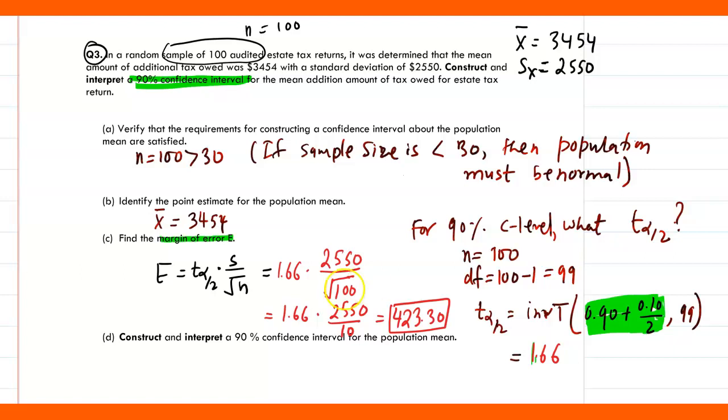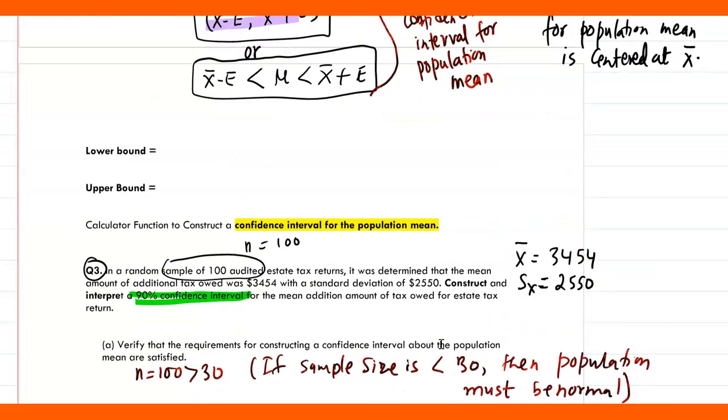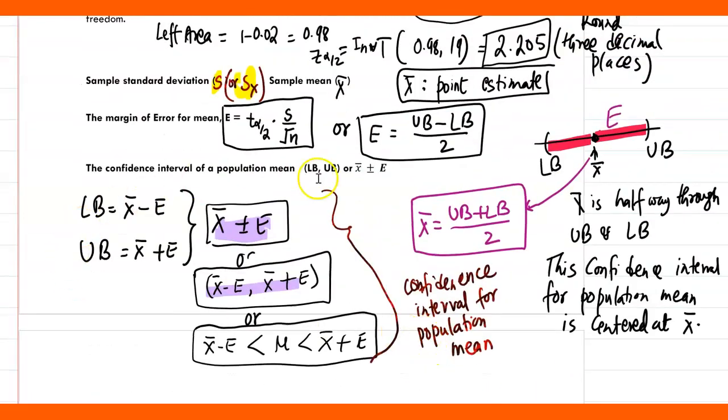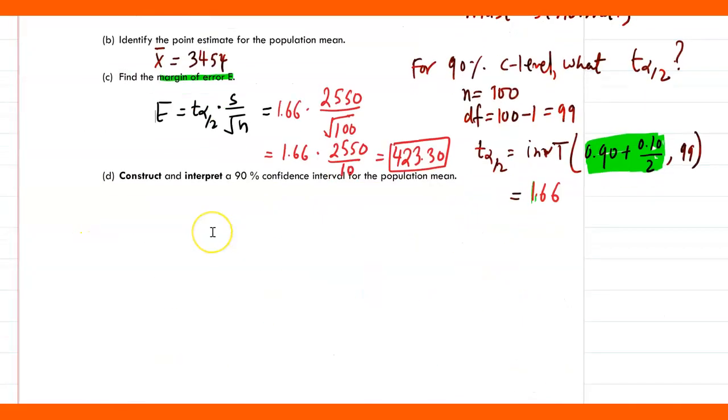All right, now construct and interpret a 90% confidence interval for the population mean. Remember that a confidence interval has to have a lower bound and an upper bound. Lower bound is x bar minus e, upper bound is x bar plus e. I'm going to use that because I have an x bar and I have an e.